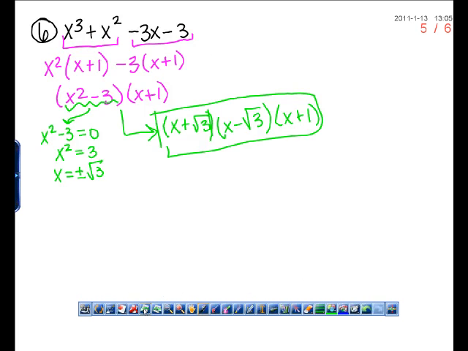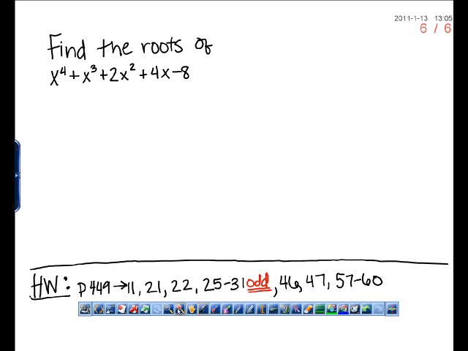All right, let's find the roots of x to the 4th plus x cubed plus 2x squared plus 4x minus 8.